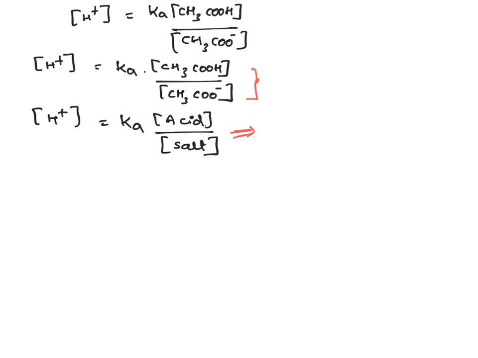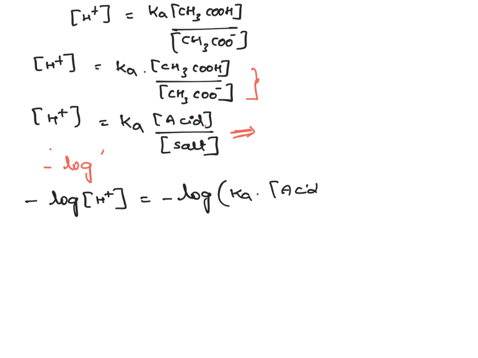Now to get the pH expression, we require minus log H plus. I am applying minus log on both sides of the above equation. It becomes minus log H plus concentration equal to minus log of Ka times acid concentration by salt concentration.